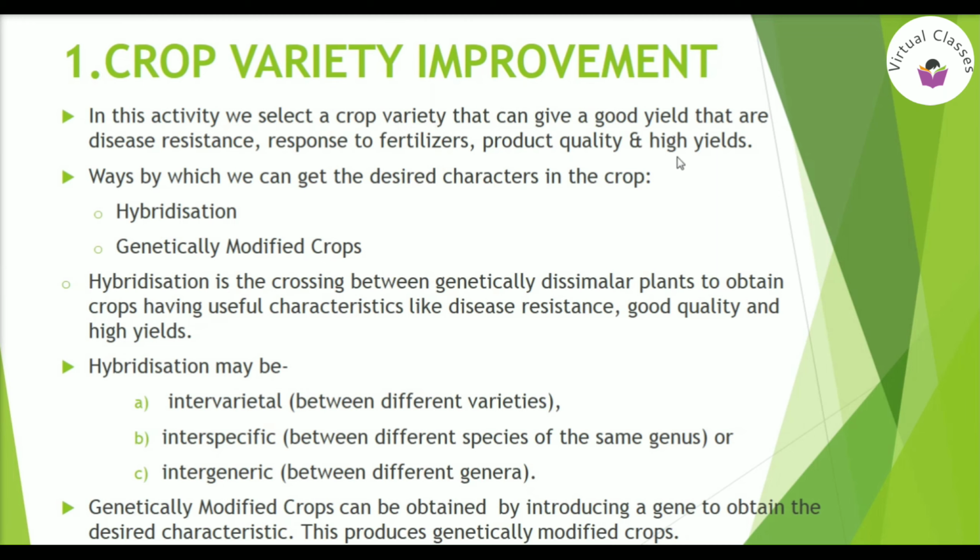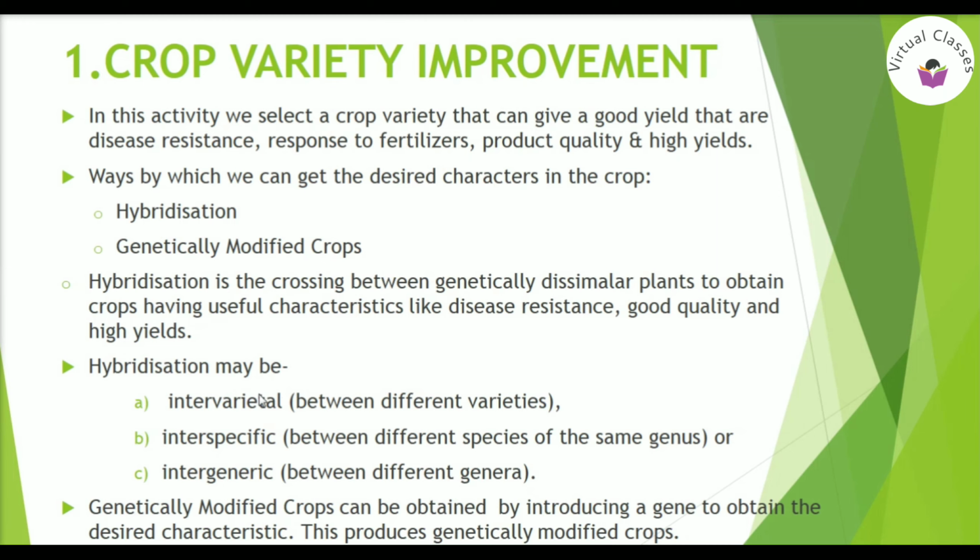Ways by which we can get the desired characters in the crop are: first is hybridization and the second one is genetically modified crops. Now, what is hybridization? Hybridization is the crossing between genetically dissimilar plants to obtain crops having useful characteristics like disease resistance, good quality, and high yields.